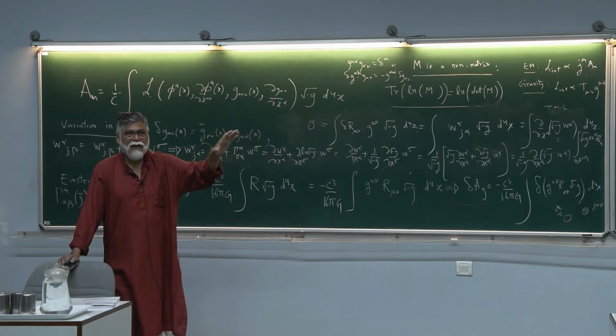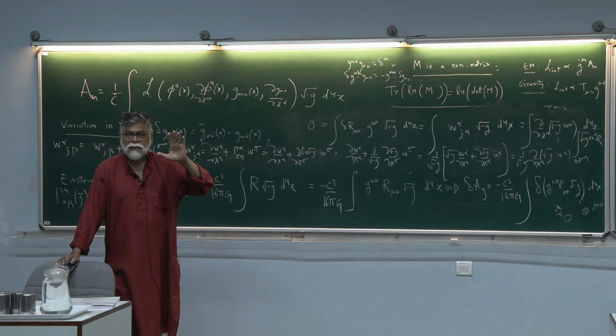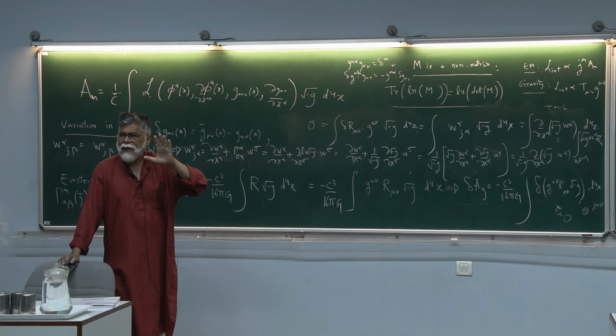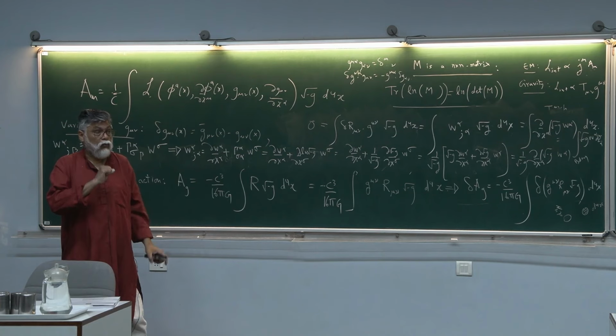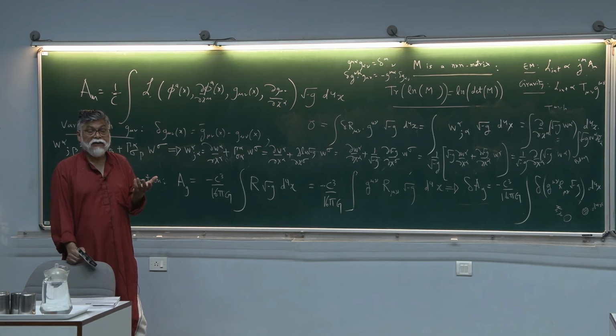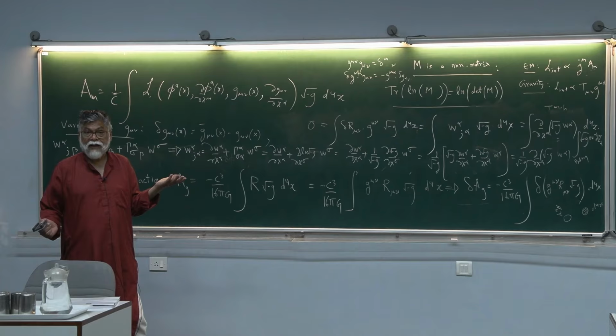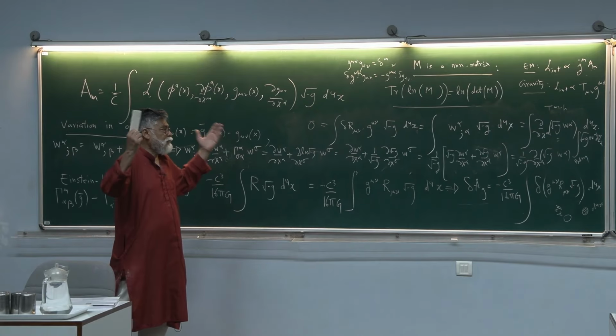I don't want to go into that. Physical equations normally have up to second derivatives. So one would have thought that the Einstein-Hilbert action, containing second derivatives of the metric, would give a differential equation having third order partial derivatives of the metric, which is bad. But it doesn't happen.